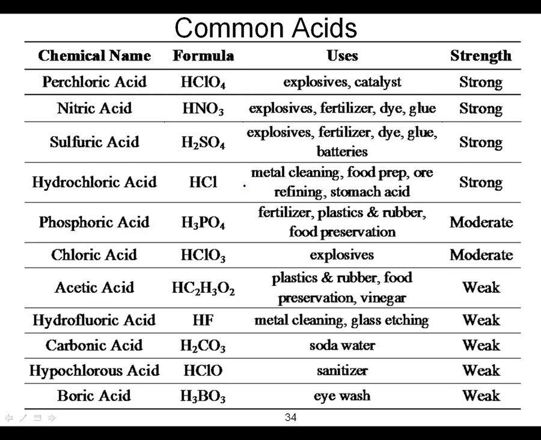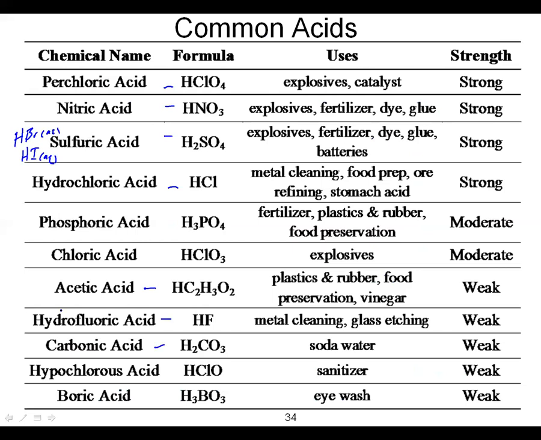So up here, these are really the kind of 1, 2, 3, 4 acids, along with HBr, which is a strong acid. That's hydrobromic acid. HI is also a strong acid. That's hydroiodic acid. So these 6 acids are essentially strong acids. Then we have some weak acids like acetic acid, hydrofluoric acid, carbonic acid.